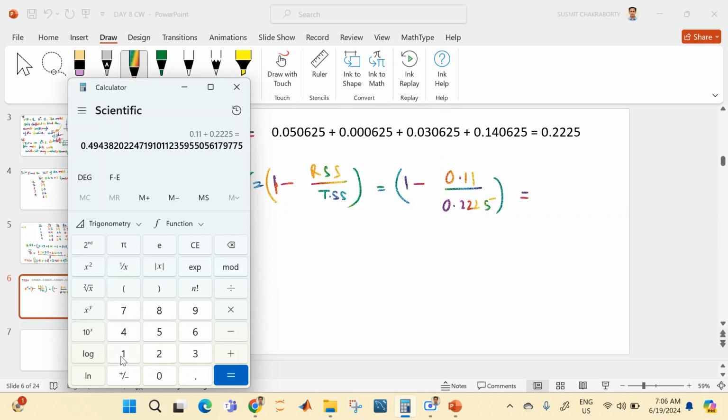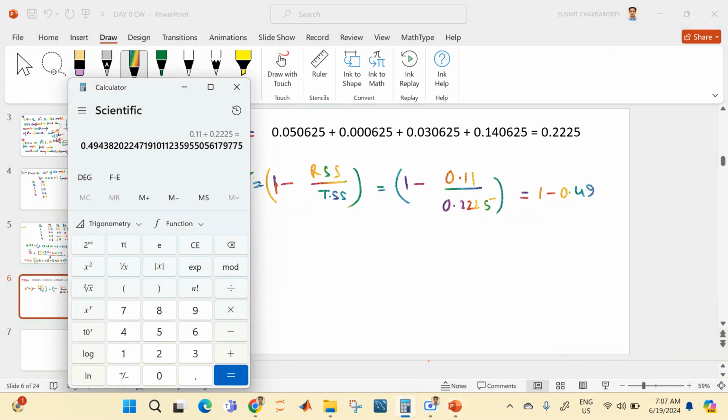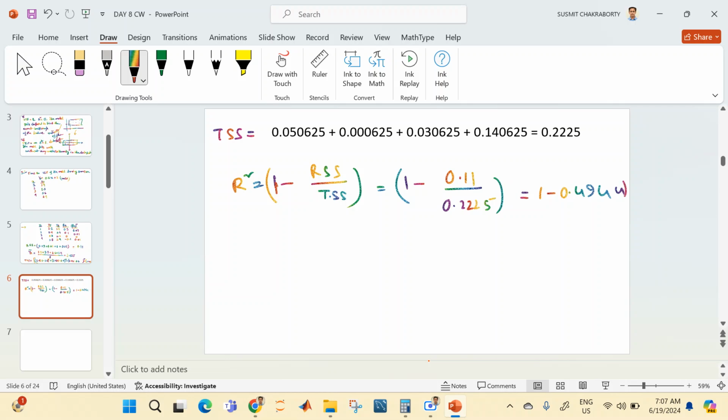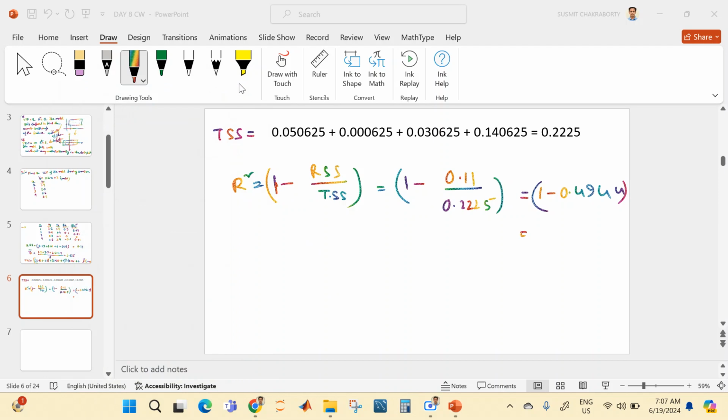So 1 minus 0.4944 is 0.5056. So this is your R square.